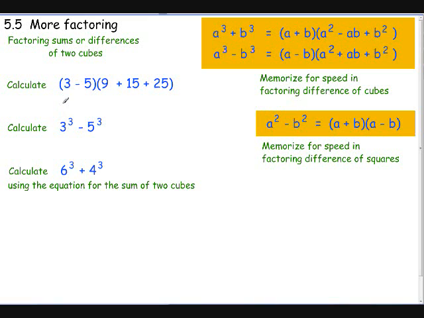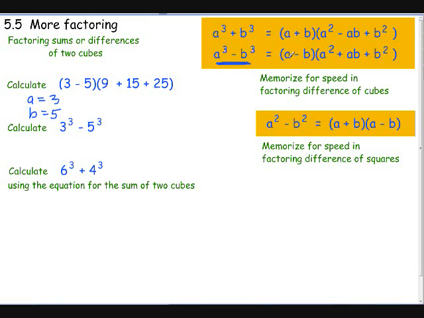Sometimes you can use this to do some of the fancy mathematics in your mind. You can impress people with this. For example, this one. Does it fit this pattern at all? You bet it does. If you think of A as being 3 and B as being 5, we've got A minus B, so we're looking at this pattern right here.